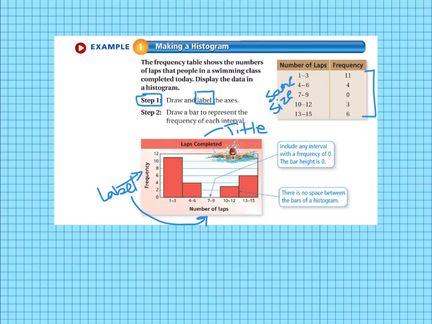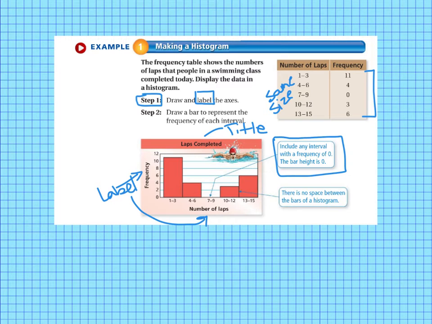So if we look at our number of laps, there were 11 people who swam 1 to 3 laps. There were 4 people who swam 4 to 6 laps. And there were 0 people who swam 7 to 9 laps.